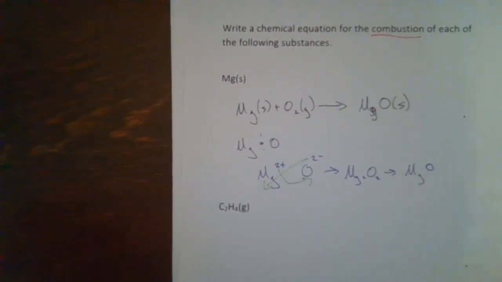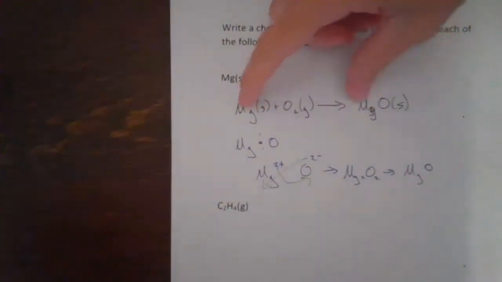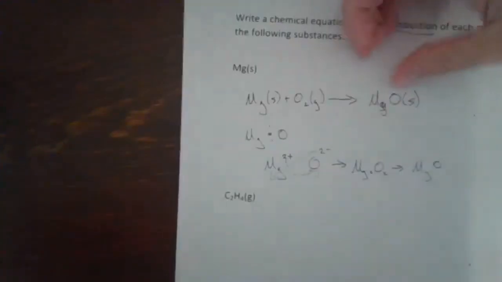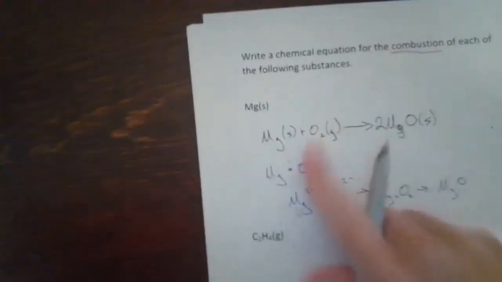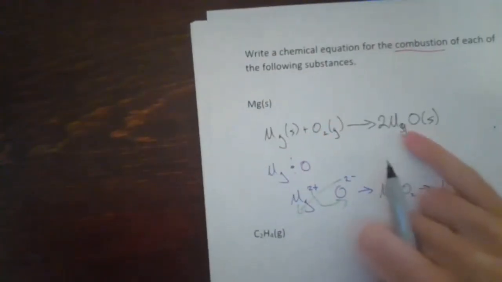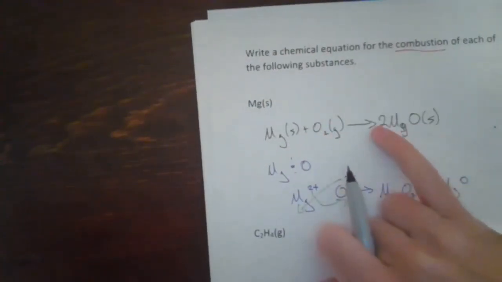There is also another very important part of completing this reaction equation, and that is balancing. This is not balanced as written. Magnesiums are good, I got 1 and 1, but I have 2 O's and 1 O. That is not going to work. In order to balance this, I need to put a 2 in front of MgO. Each of these MgOs only has a single oxygen, so I need 2 of them.